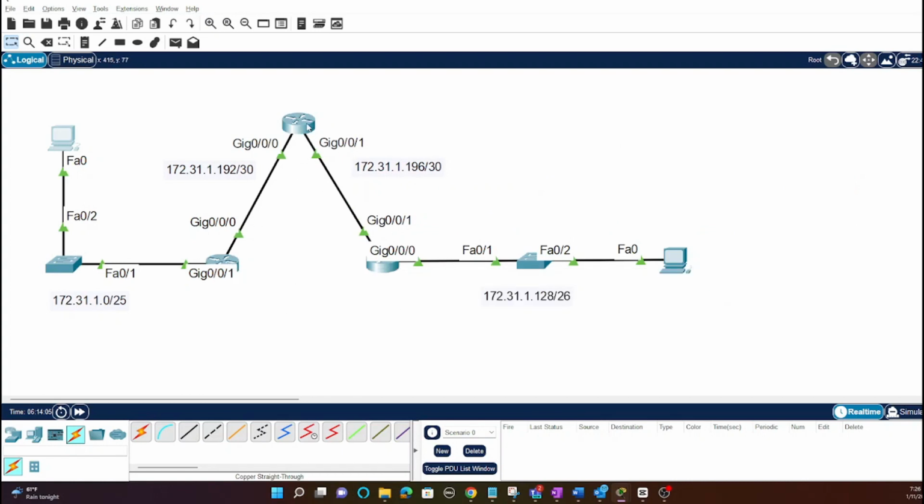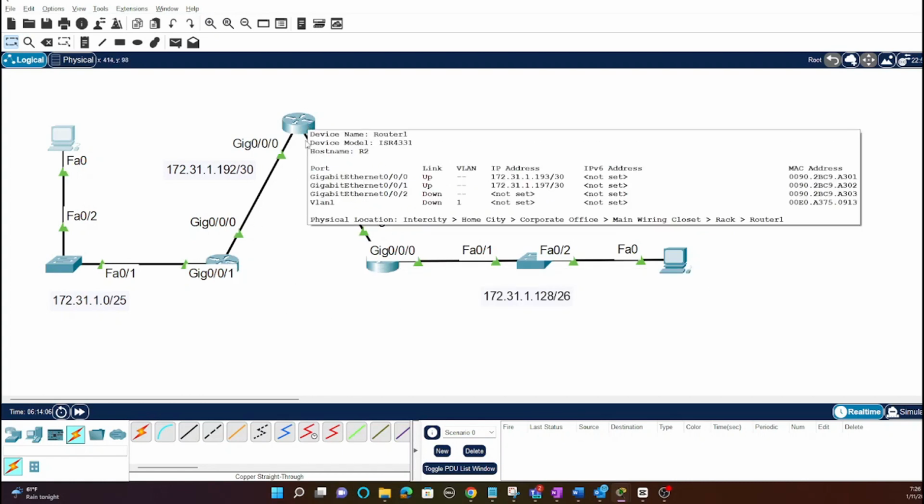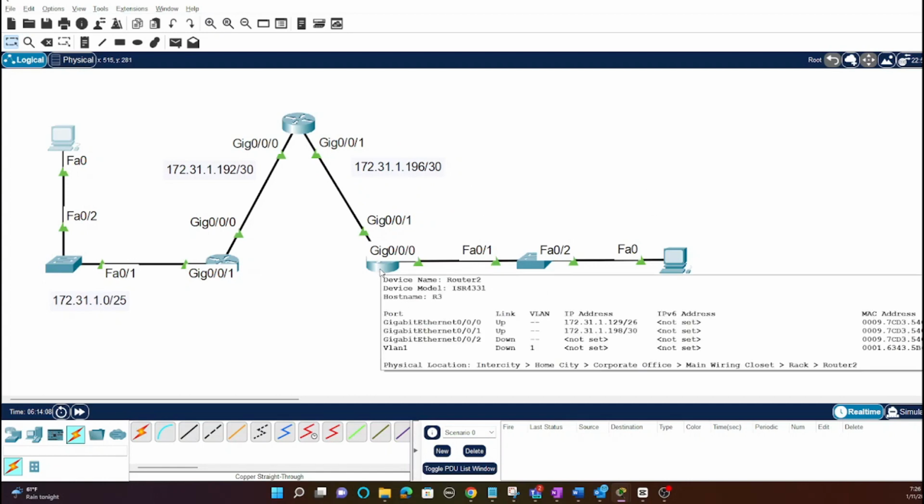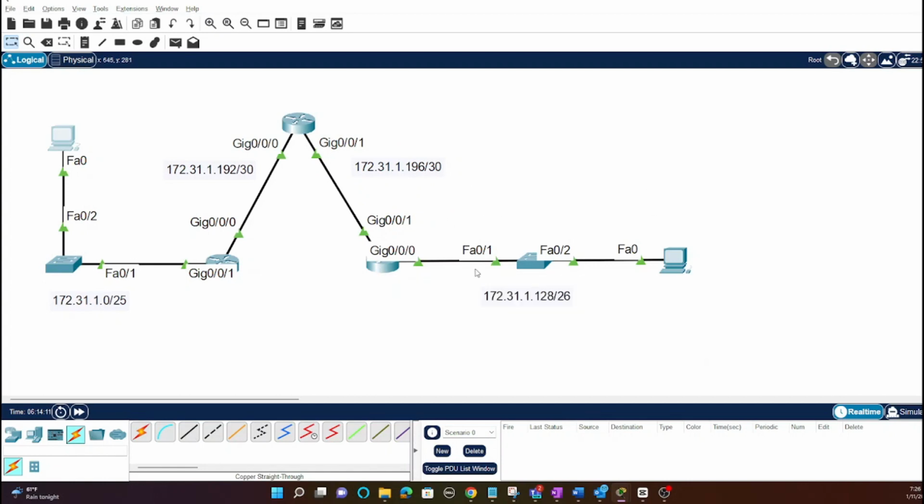You're going to have to configure static routes on this guy, router 2. You're going to have to configure static routes on this guy, router 3. If there was another router and you're using static routing, you're going to have to configure it on the next router, router 4, router 5, and so on and so forth, until everybody knows about the networks that are not directly connected to them.